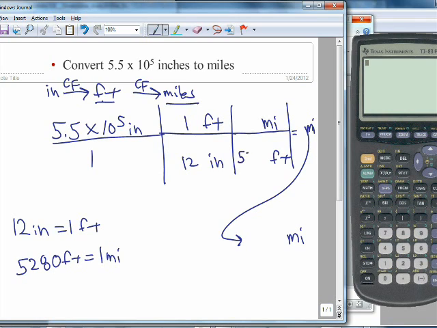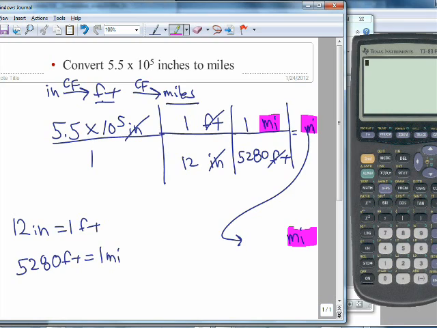So that's 5,280 for 1 mile. Now, we have the fun part of canceling units. Inches cancel, the feet cancel, and we are left with miles.